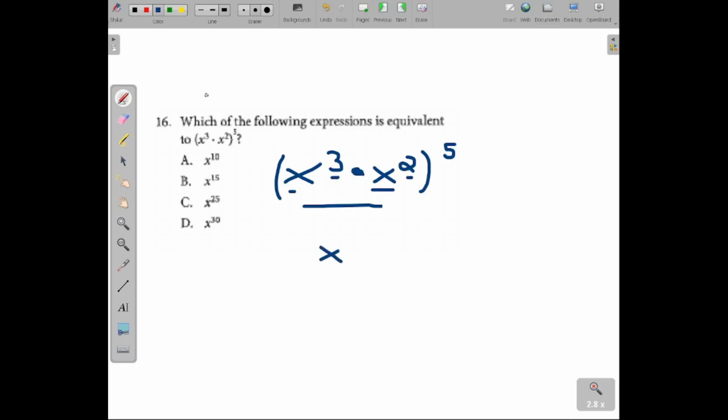So x to the power of 3 plus 2 is 5, and then that to the power of 5. Now this is a multiplication, so it will be x to the power of 5 times 5.